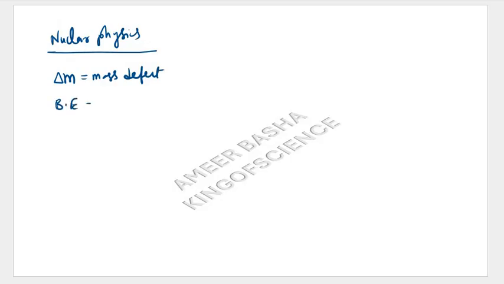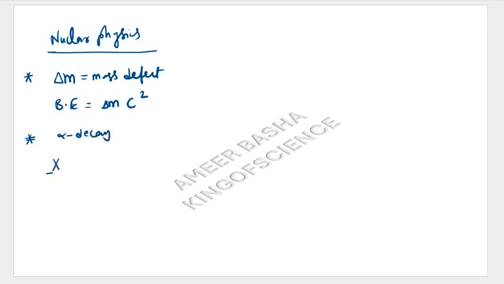The binding energy comes out to be mass defect into c squared. After that, they will give some reaction and ask you to calculate the mass defect, binding energy and all those things. For example, let's say I consider alpha decay.